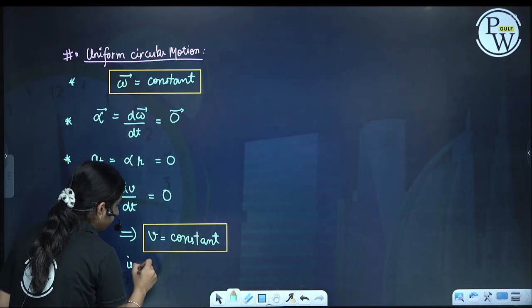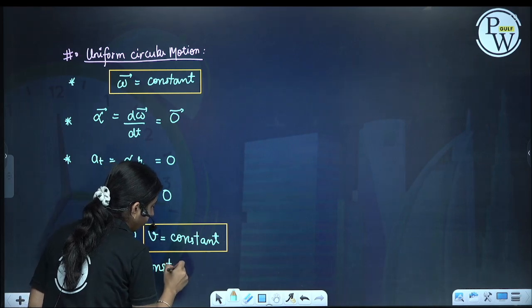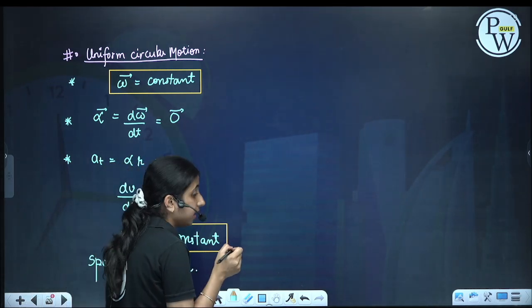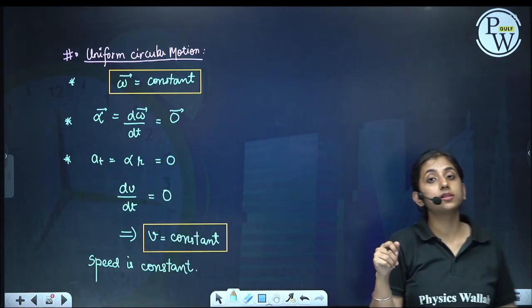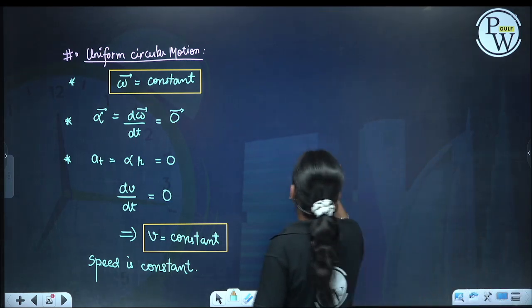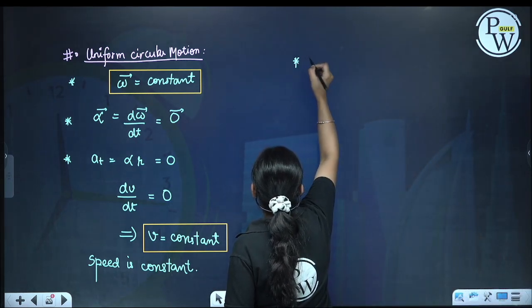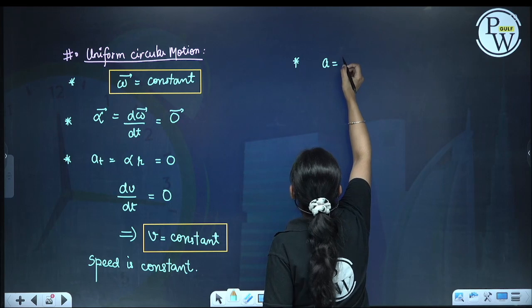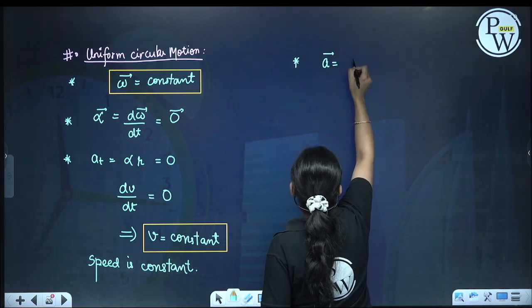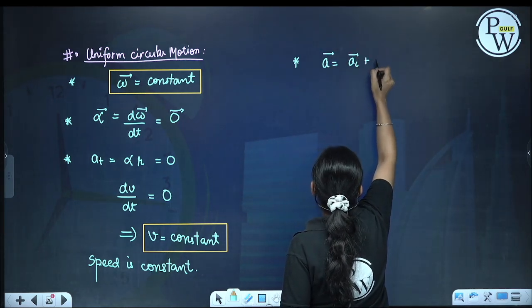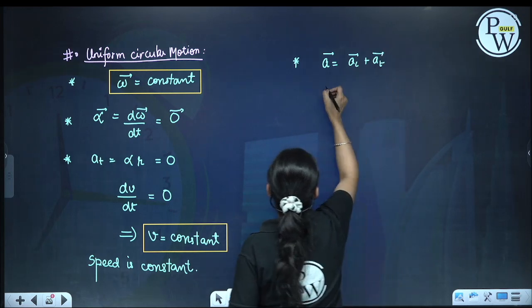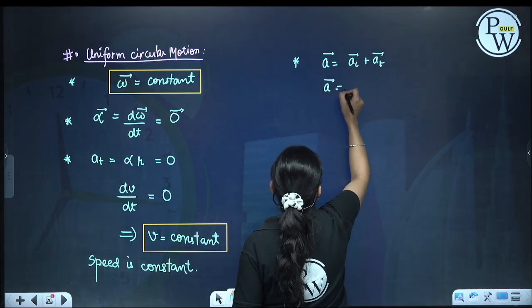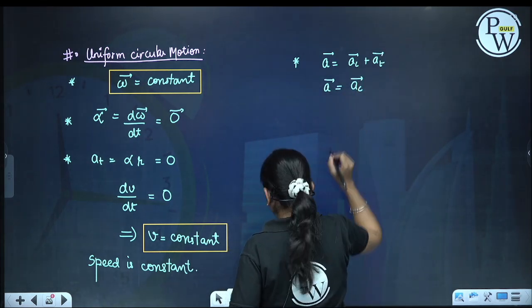In uniform circular motion, what is constant? Angular velocity is constant and speed is constant. However, what will be my acceleration then? Acceleration is AC plus AT, so total acceleration will be equal to centripetal acceleration only.